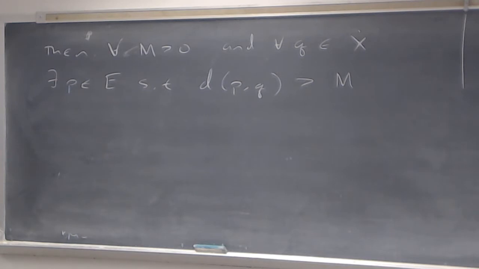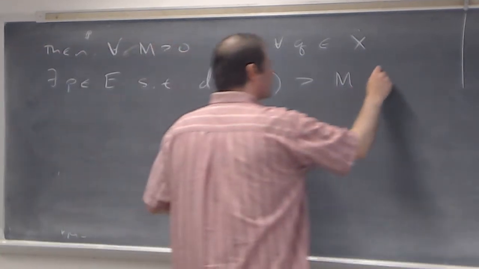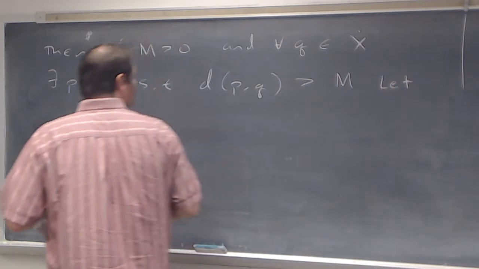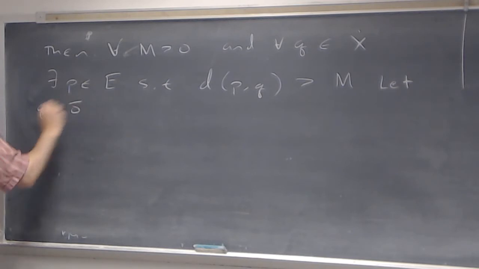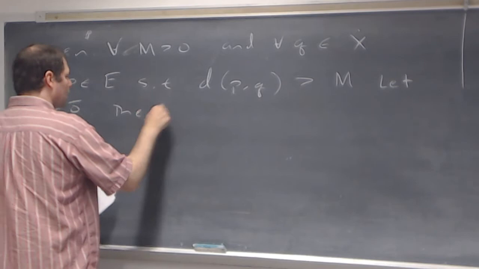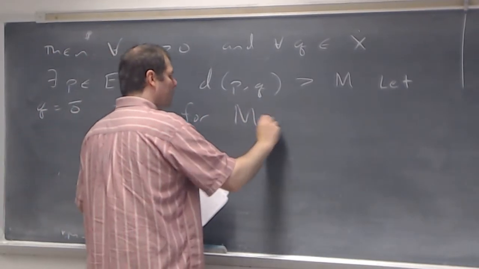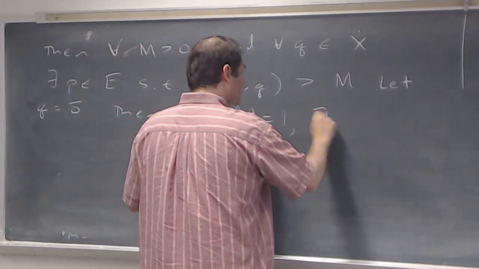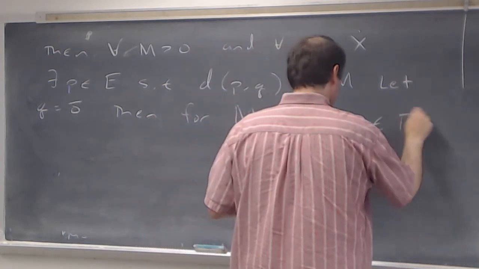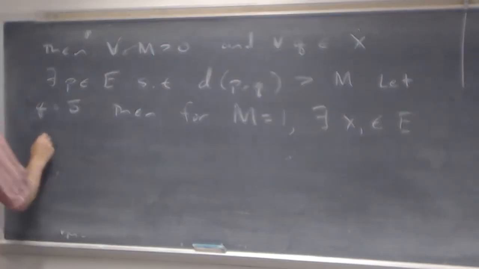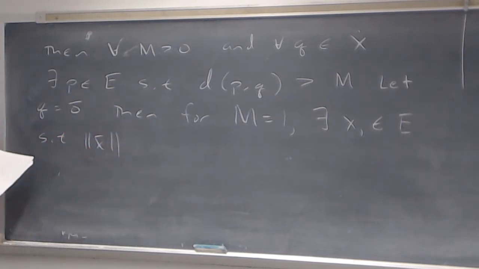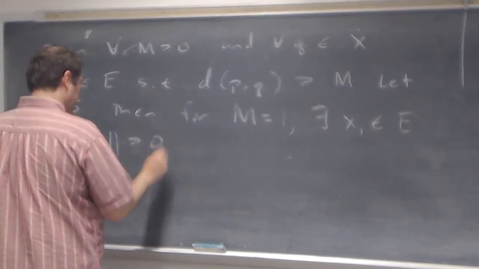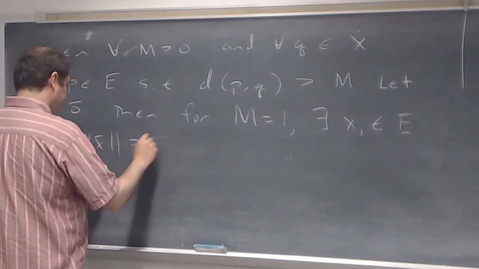Okay. So here, we're in R^k, so let Q be equal to 0. Then, for M equal to 1, there exists an x sub 1, an element of E, such that the norm of x sub 1, that's its distance from 0, is greater than 1.